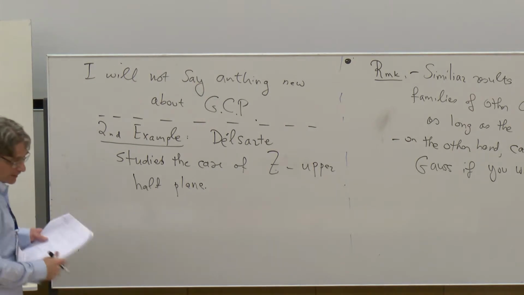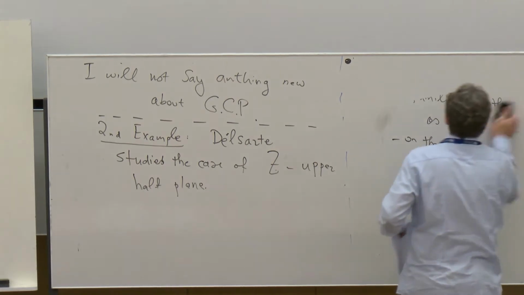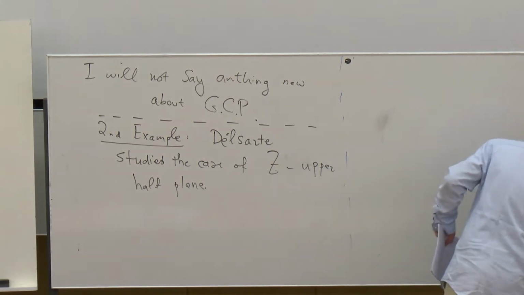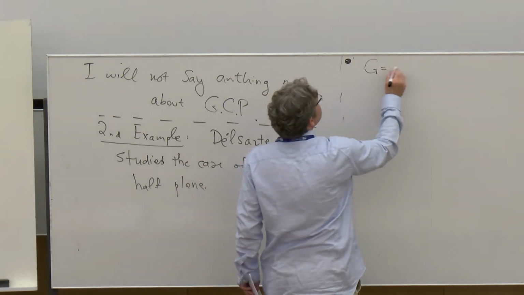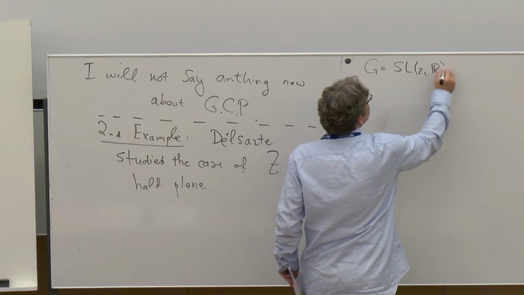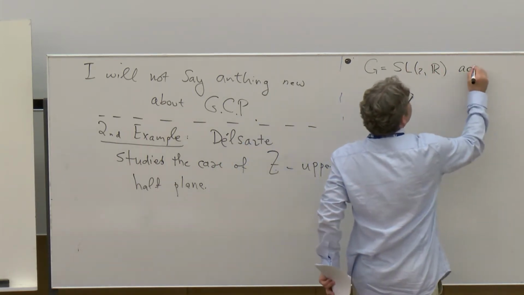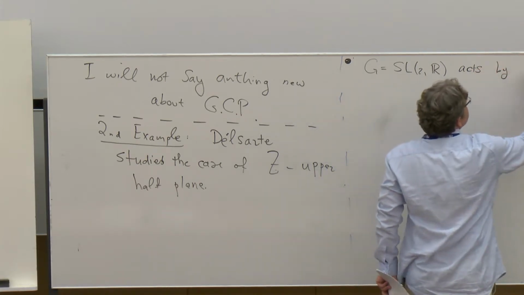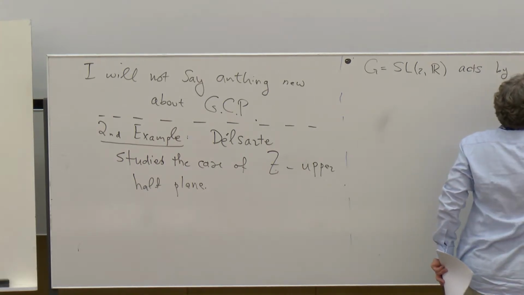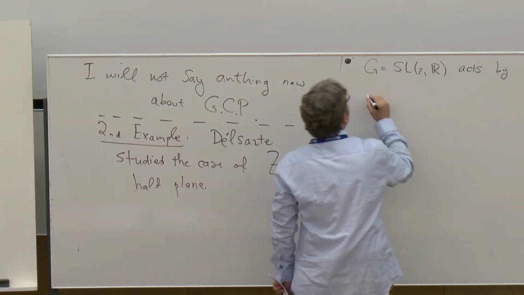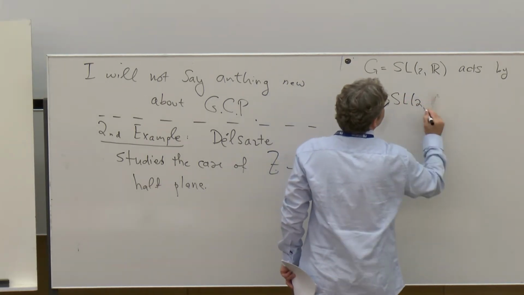So in this case, the groups which play a role are familiar to us. So G is SL2R, could be also PSL2, just for simplicity. So this acts by fractional linear transformations on Z, and gamma, I will take it to be SL2Z.